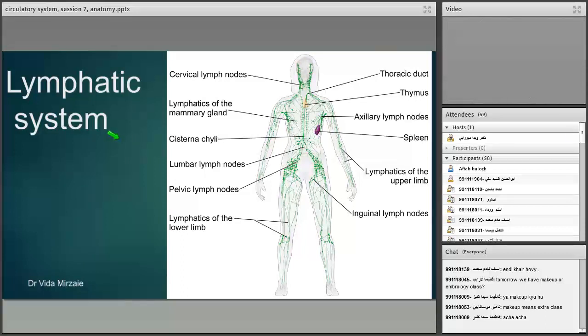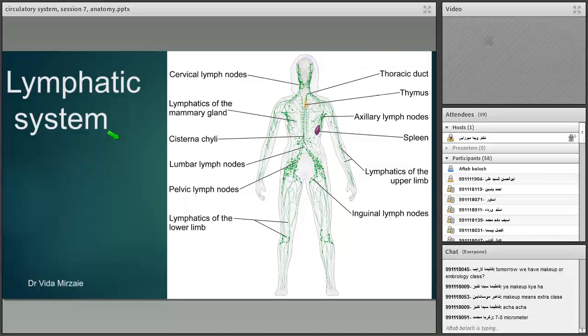Okay, so the end arteries, or we can say the small capillaries, have a very small diameter, in the size of just, for example, one red blood cell. There would be some junctions between the epithelial, or it would be better to say endothelial, cells of the capillaries.